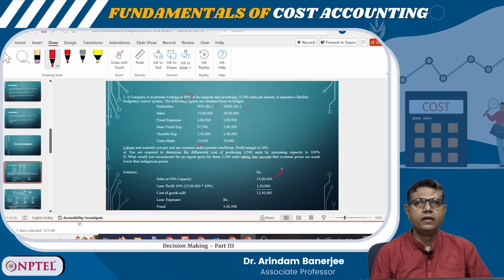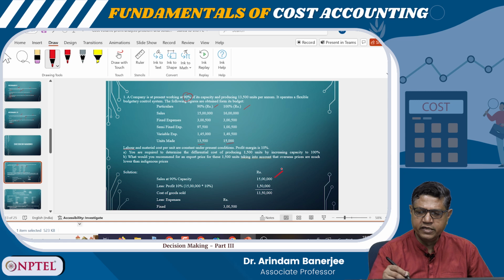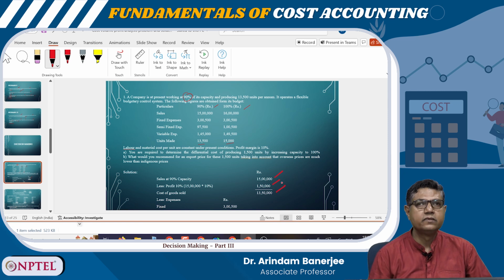Less profit 10%. So, it is 15 lakh into 10%, that is 1 lakh 50. So, cost of goods sold is coming to 13 lakh 50,000.